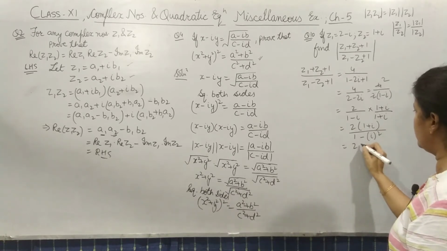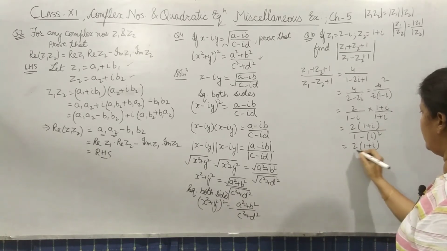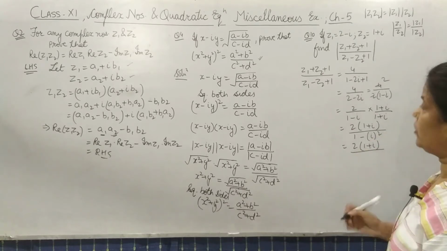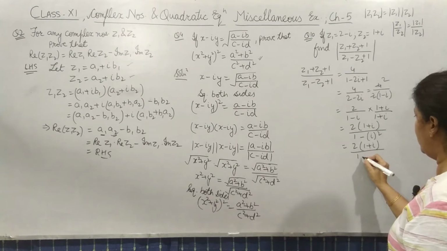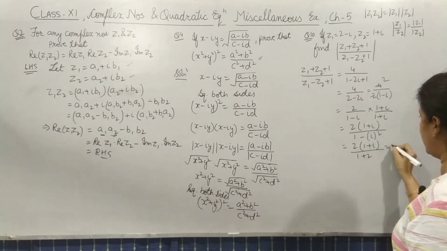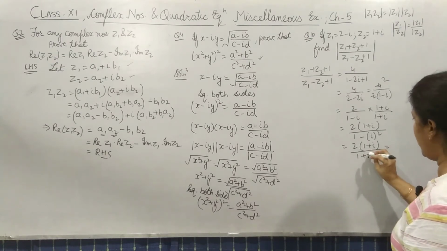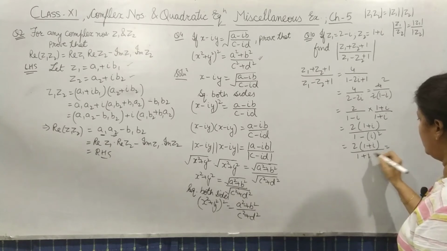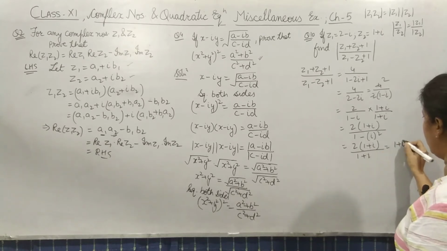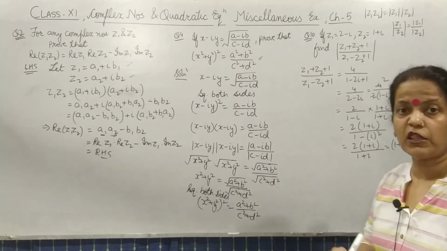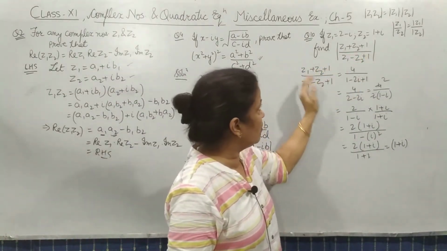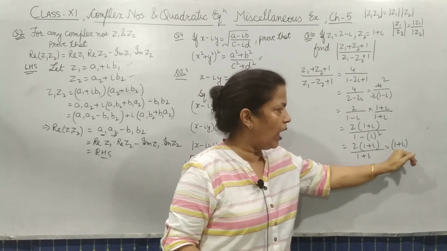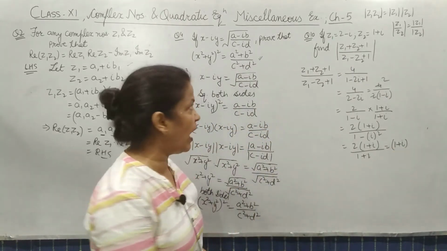So it is 2, 1 plus iota, and iota square value is minus 1. So minus minus will become plus, it will come as 2 upon 2, that is 1. So only the left out part is 1 plus iota. So after solving it without modulus, you are getting 1 plus iota.